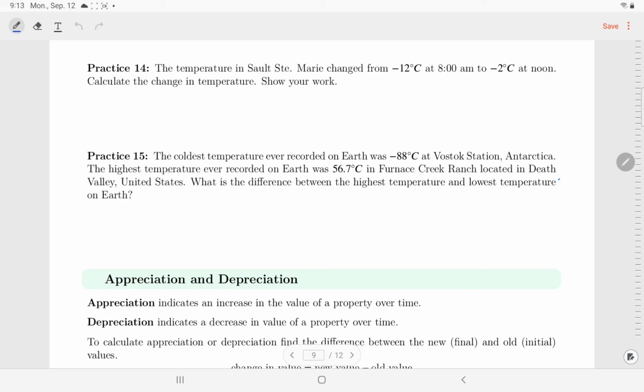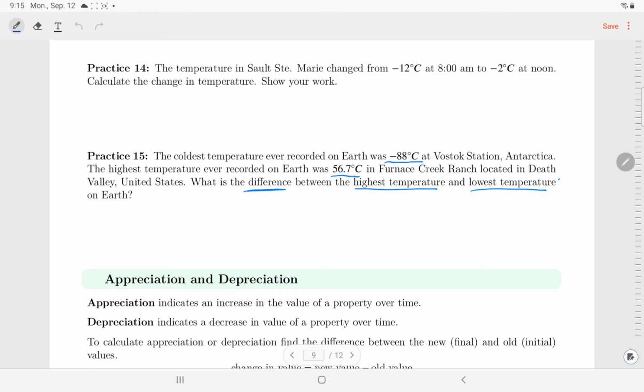Practice 15. The coldest temperature ever recorded on Earth was negative 88 degrees Celsius. The highest temperature ever recorded was 56.7 degrees Celsius in Furnace Creek Ranch located in Death Valley, United States. The coldest was in Antarctica. What is the difference between the highest temperature and the lowest temperature?